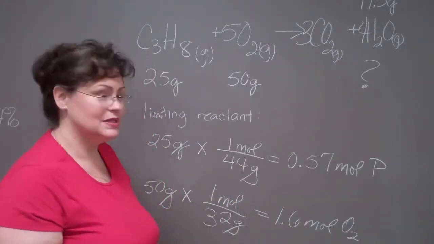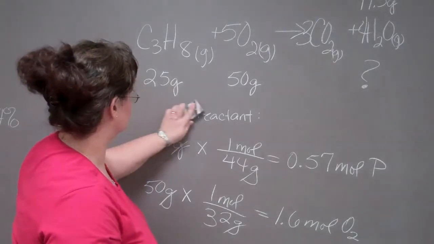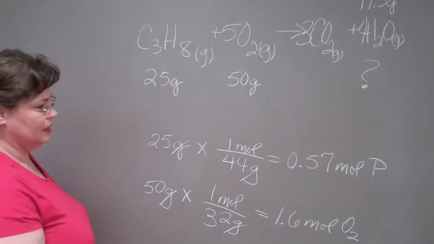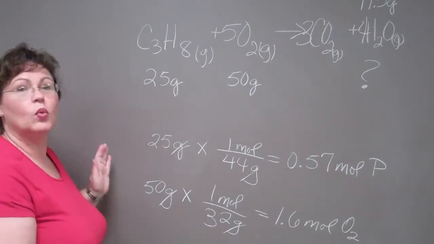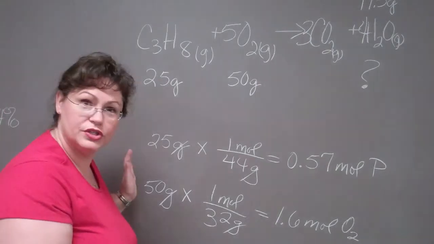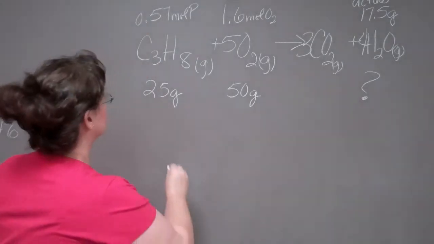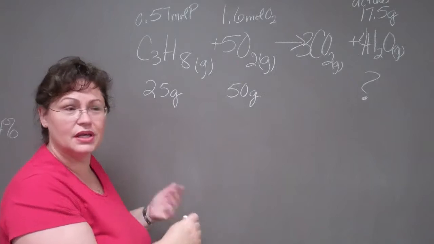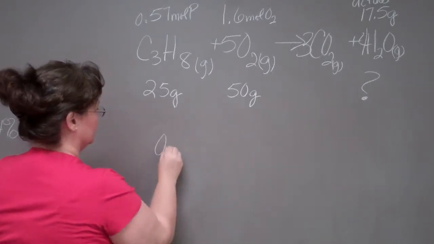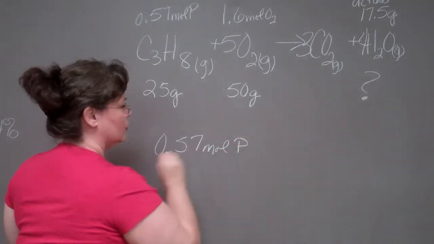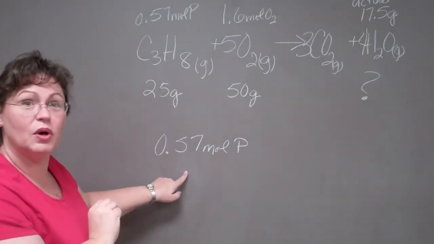Now we need to know which one's limiting. To do that, we're going to pick one. Doesn't matter which one, we're just going to pick one. Let's just pick the propane. It doesn't matter which reagent you pick, you just have to pick one and start from there. We're starting with 0.57 moles of propane.